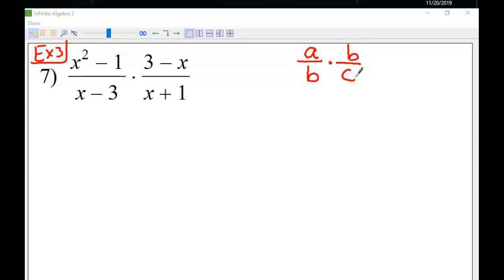But the rule is that when you're multiplying fractions, how do you multiply fractions, you guys? Top by top, bottom by bottom, right? And then you end up with just one big fraction, right? So basically, when you see this little dot in the middle, you can just think of this as one giant fraction, because that's all it's going to become anyway, right? You're multiplying top times top, bottom times bottom.